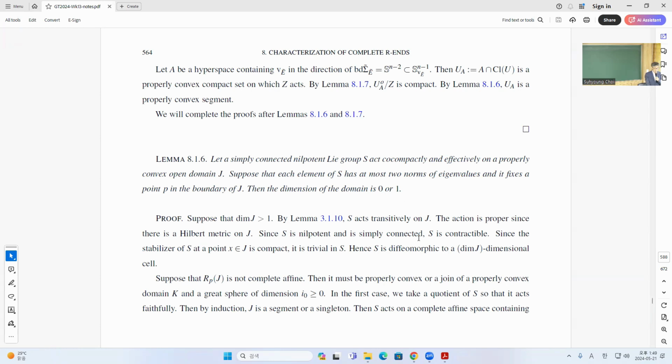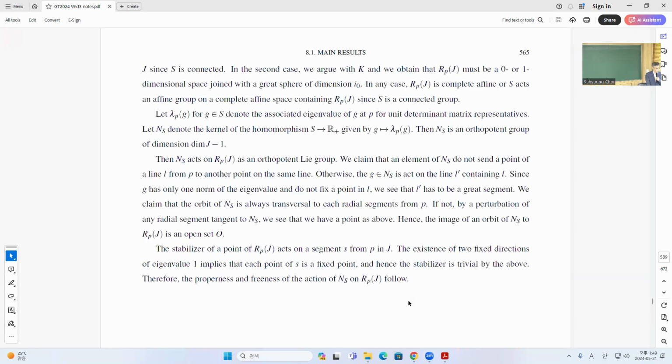And basically the proof is you use some Hilbert metric, and you take the corner of this group under this, and this is actually also unipotent again, and then we show that this orbit is actually transversal to the radial segment, because if not, it will act on the line, and then that will mean that it's parabolic, so it cannot have properly convex end.